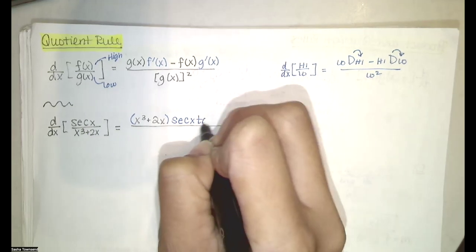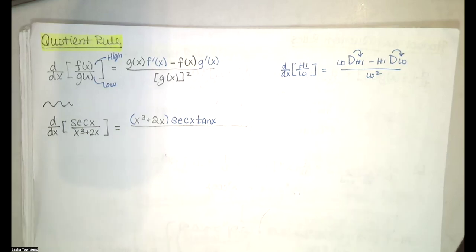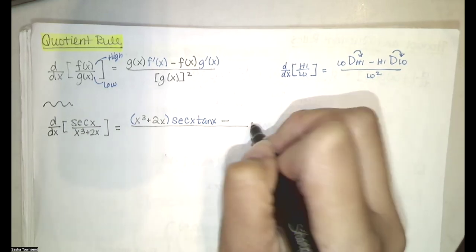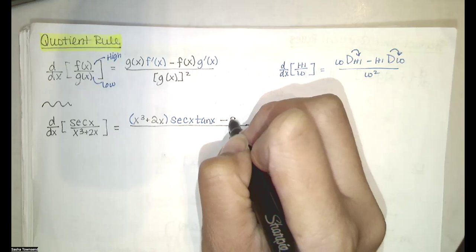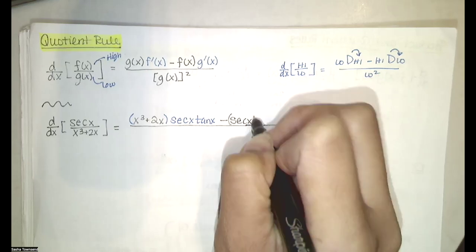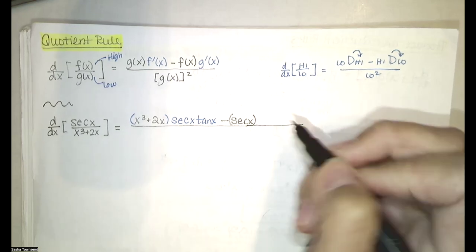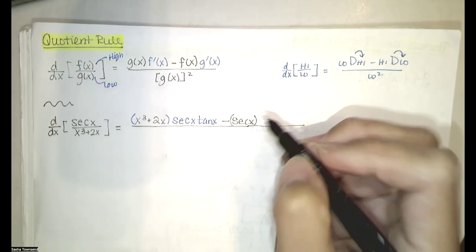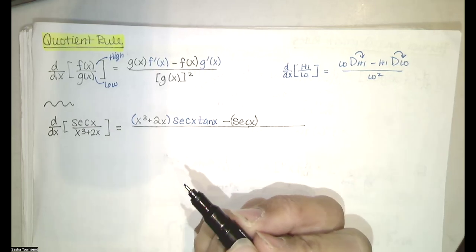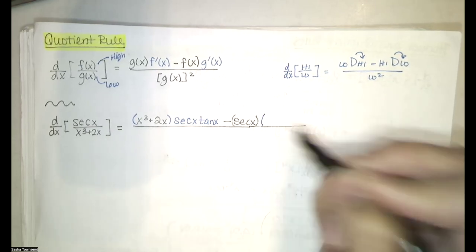The derivative of secant of x is secant of x times tangent of x. And then we subtract the high function, which is just secant of x, and then we multiply by d low. The derivative of this bottom function is a derivative of a sum, and the derivative of a sum is the sum of the derivatives.